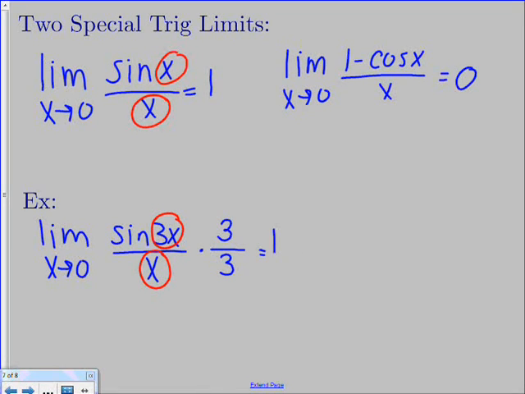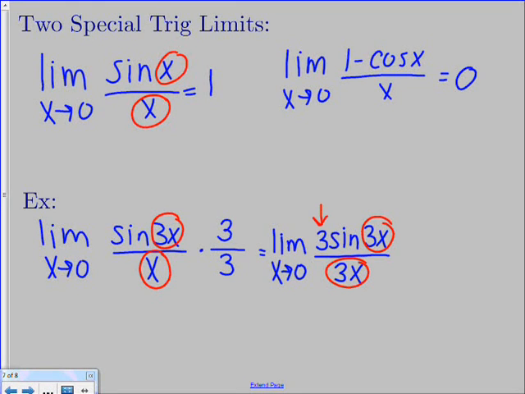So now we get, forgot to write my limit sign. So we get the limit as x approaches 0 of 3 sine of 3x over 3x. And now we have that these two things on the inside match, and that 3 in front of the sine right here, that's just a scalar multiple or a constant, so we're going to use that limit property that says we can pull it out front.